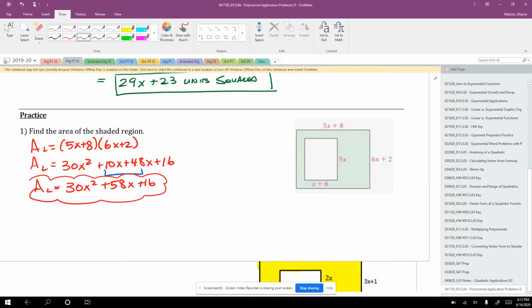Okay, move to the next one. Area of the small. So 5x times x plus 6. So area of the small is 5x squared plus 30x. Okay, area of the shaded.